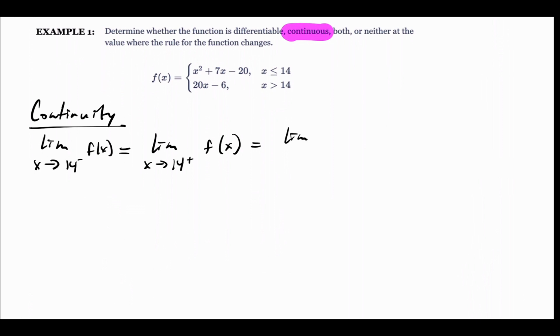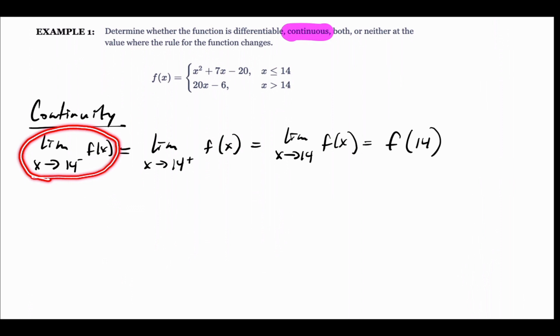If both of those guys are equal, then that means the limit exists at that point. And then the last thing I have to do is plug in 14. So I need to figure out what values for each of those. We've done this before. This is not anything new. You've tested on it. Last test, this is what it was on. Okay. So if I want to check this guy here, what do I do? How do I check this? How do I do this guy? The first one.